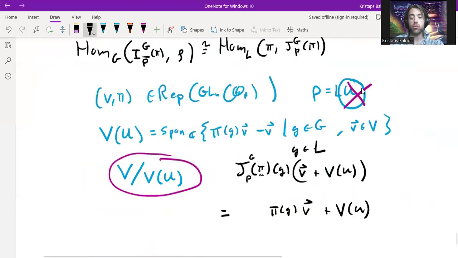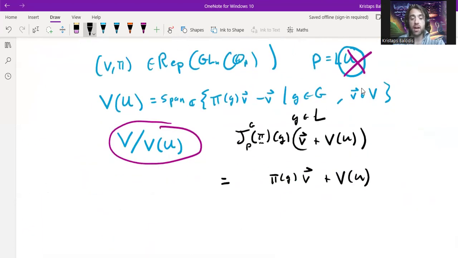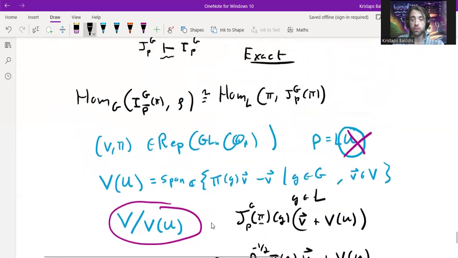So it should make sense that what I should do then is multiply by that same character, but to the minus 1/2, times my g. And so this gives you a well-defined representation.